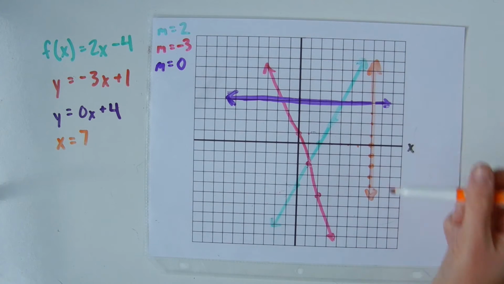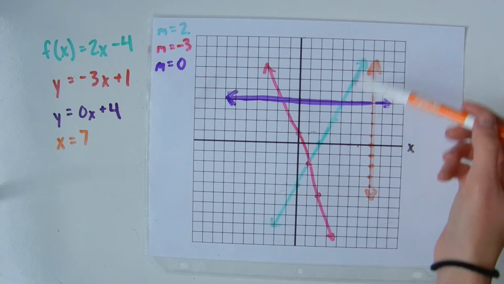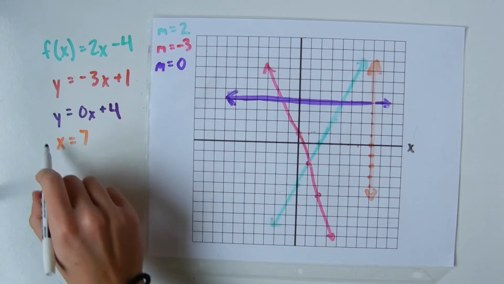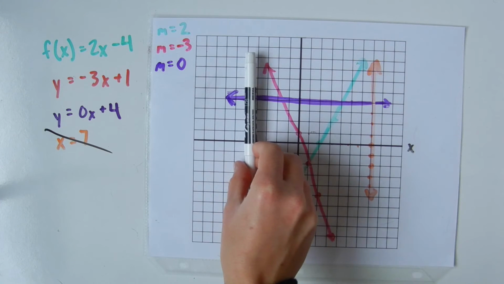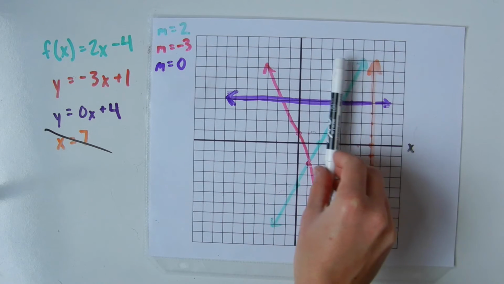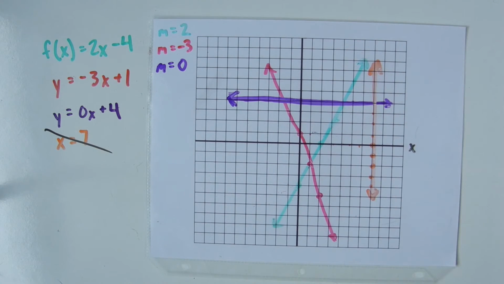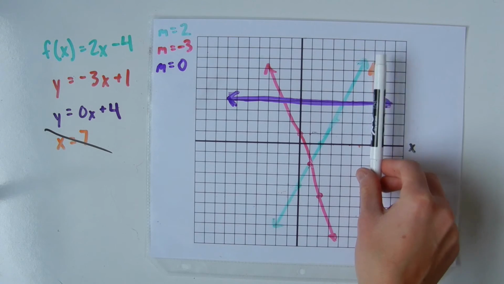X is always going to be 7. Y could be 1, 2, 5, 20, negative 50, so on. But x is always going to be 7. This last example is not a function. That is because you can see on the vertical line test, as soon as a vertical line hits this graph, we're going to get multiple y values that match to the same x value.